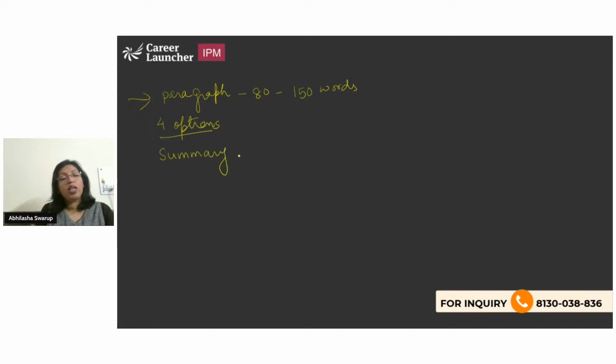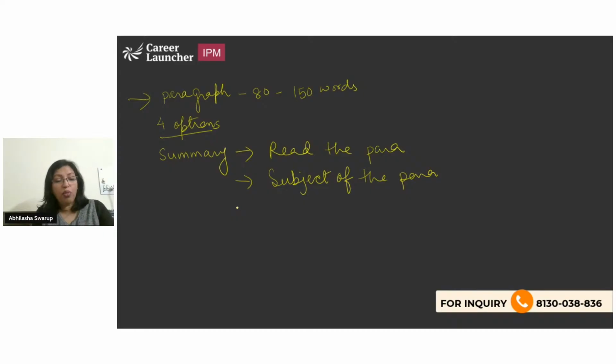So, to do the summary, first read the passage. Once you've read the paragraph, try and identify what this paragraph is about. So, what is the subject of the paragraph, right? Then, once you have identified what the subject is, a lot of options are eliminated because of the subject. So, therefore, you must identify what the subject of the passage is very, very correctly.